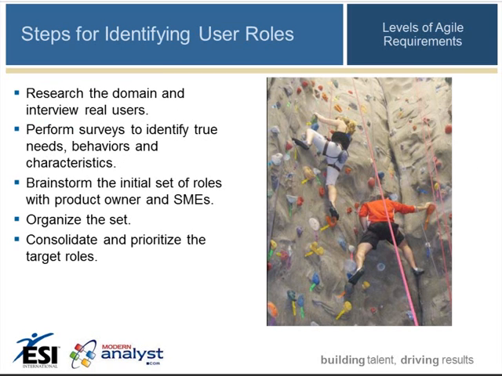When we look at identifying user roles, this is going to require some classic BA-style research. We have to understand the domain. We have to understand some of the real users, what challenges they're faced with, what their expectations are. In some instances, we can perform surveys to identify these things. In other instances, we can brainstorm with both customers or the team to try to identify these more accurately.